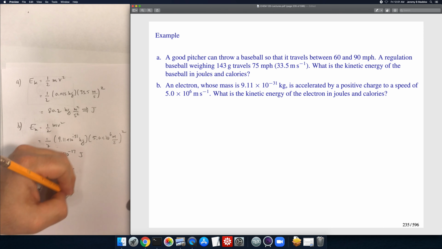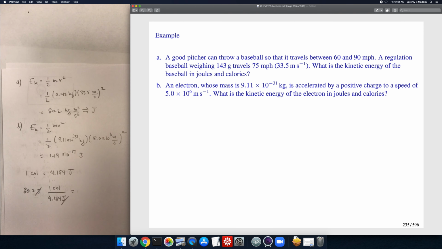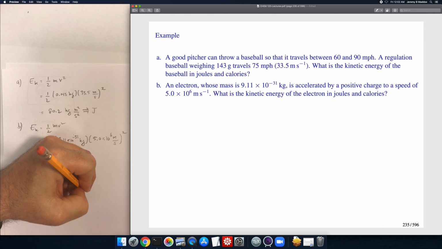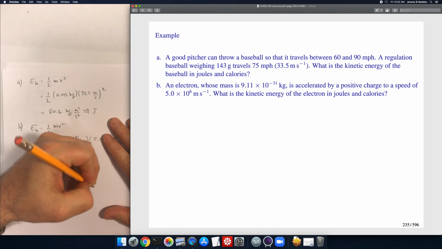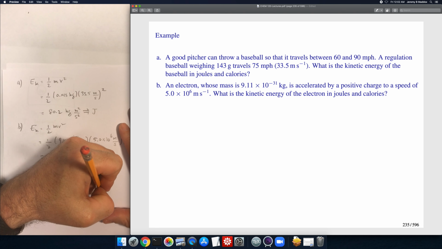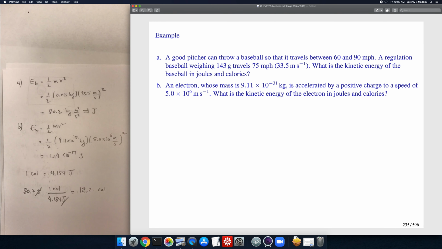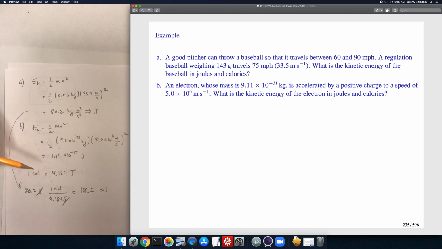The joules are going to cancel, and we get 19.2 little calories. You could do the same thing with the joules for the electron, but I'm going to leave that to you as an exercise if you wish, and we'll move on to the next item.